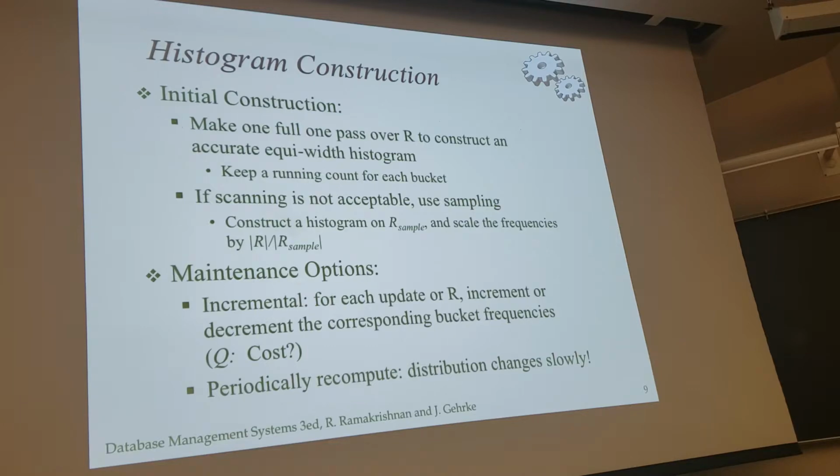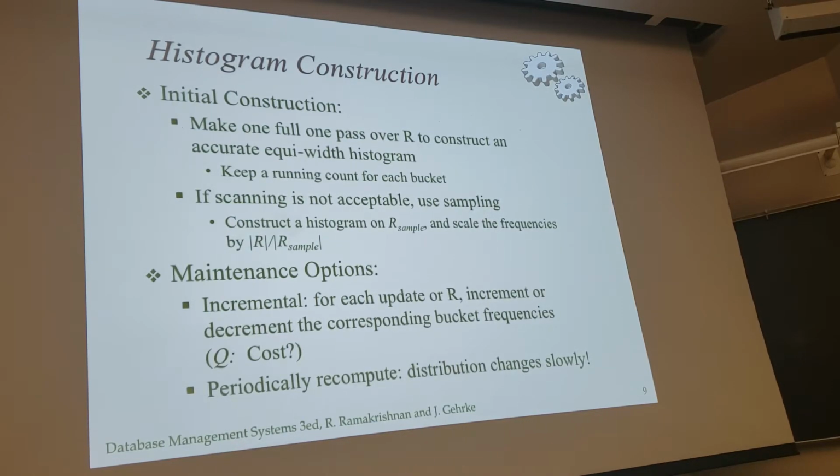If scanning wasn't acceptable, I could use sampling to approximate, pick random values in the data. Actually, sampling is probably more expensive these days than scanning. But I could just go ahead and use sampling to figure out what percentage of the sample falls within each range, and then assume that that's also true for the data as a whole. Okay, so that could be done.